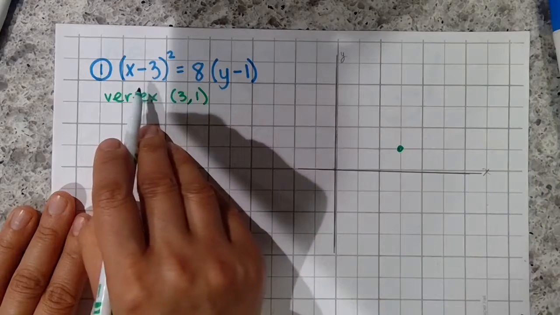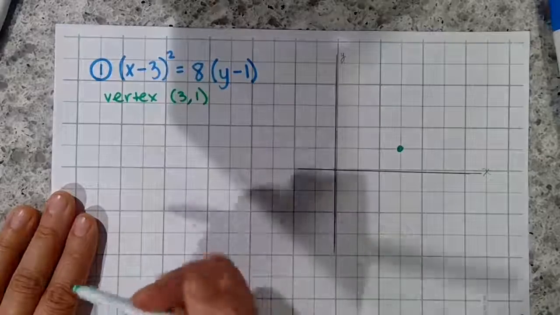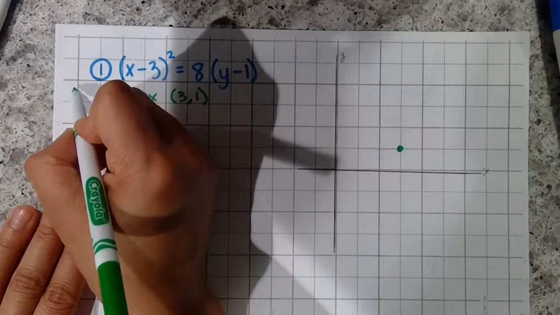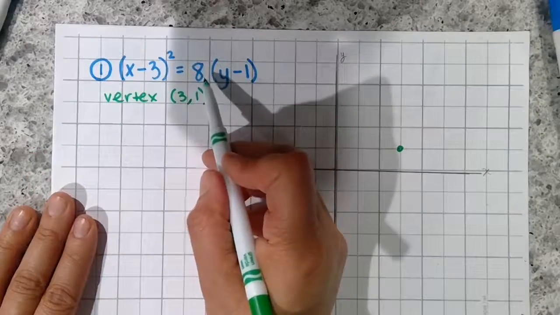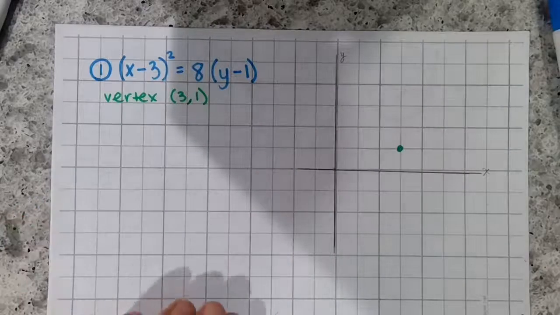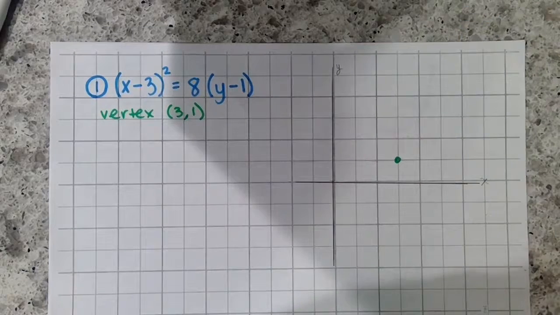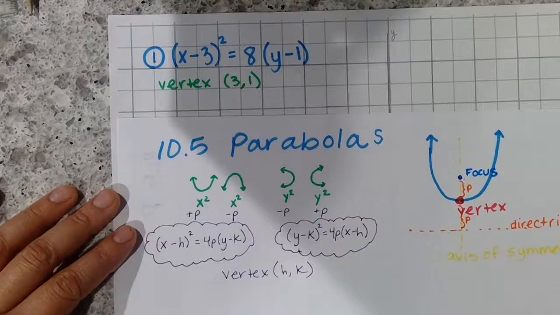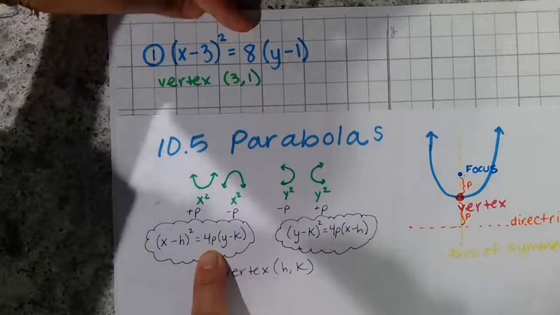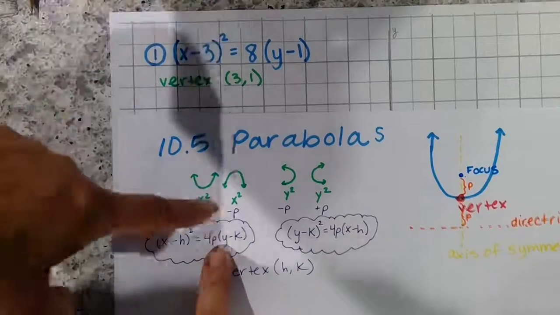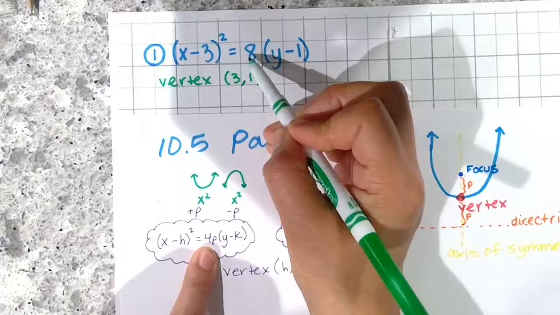You know it's an x squared, so you know that your quadratic is either opening up or down. So the only thing you have to figure out is your p value. If you look back at your formula, this is this problem, so it's x squared, it's opening up or down, and you're going to set this term equal to 4p.